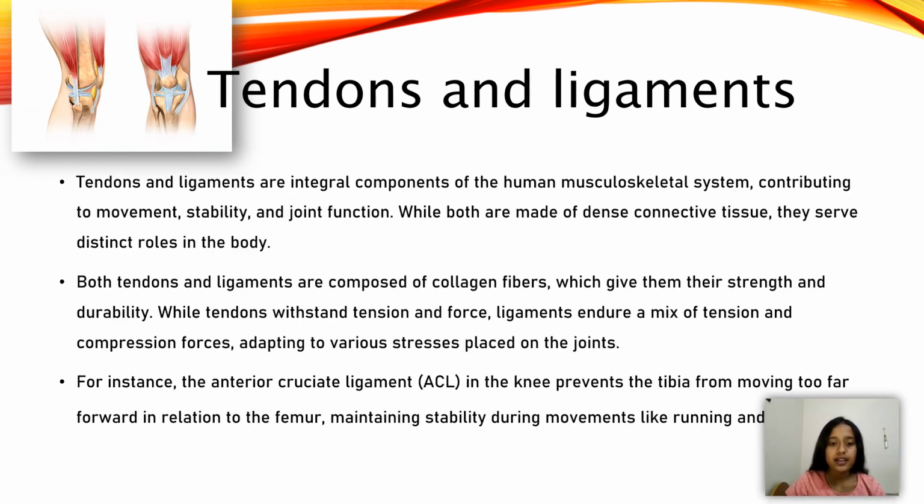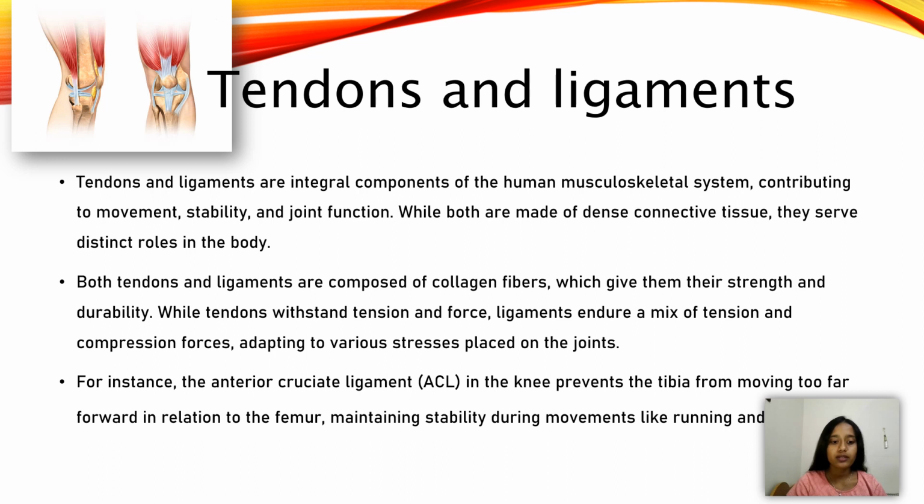Tendons and ligaments. Tendons are the connective tissue that connects the bone to the muscle tissue. That is, the muscle tissue is articulated to the bone using the tendon. The ligaments are the connective tissues that provide the bone to bone connection. They provide smooth movement without any friction between two bones that they connect.